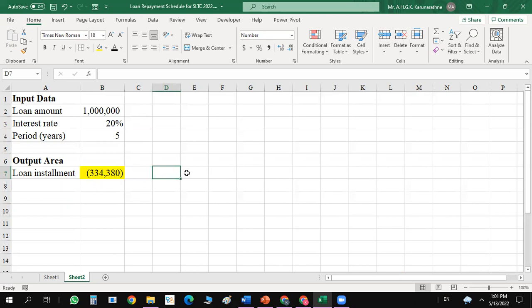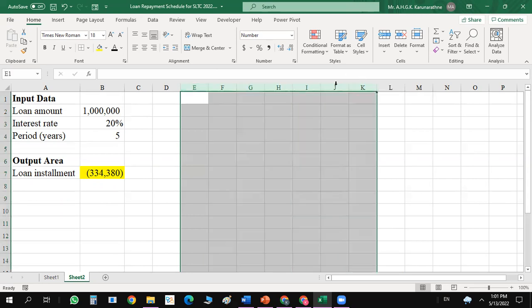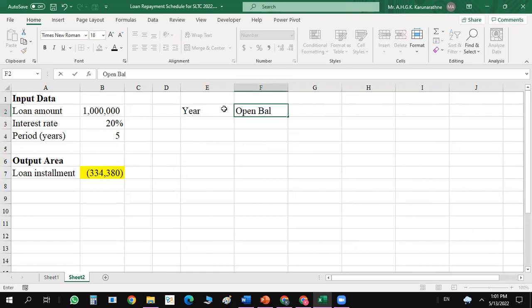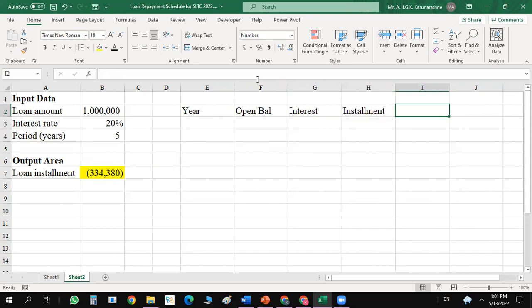We'll now start preparing the loan repayment schedule. So we put the headings: opening balance, interest, installment, and principal payment.